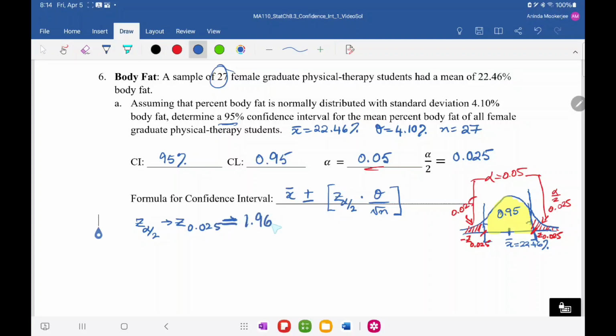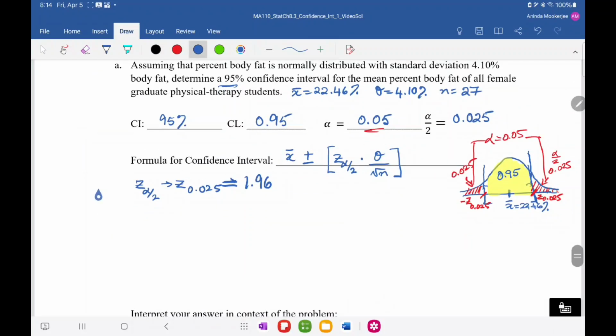Now I've shown how to look it up on the table in some of the previous problems. So this time I'm not pulling up the table, but if you're not able to find that, just look up the solutions of the previous problems. But Z of 0.025 has a value of 1.96.